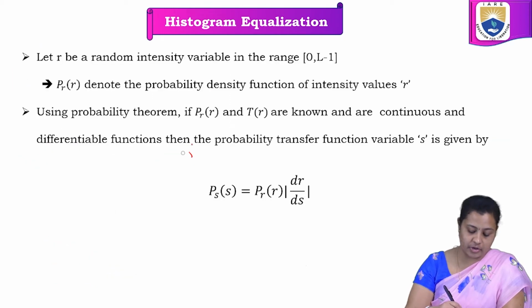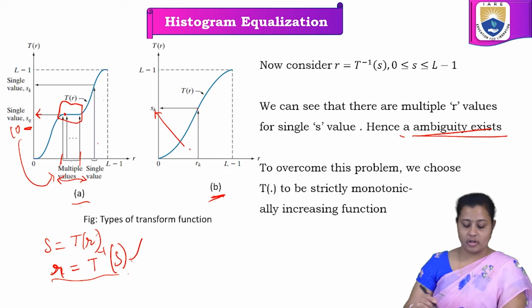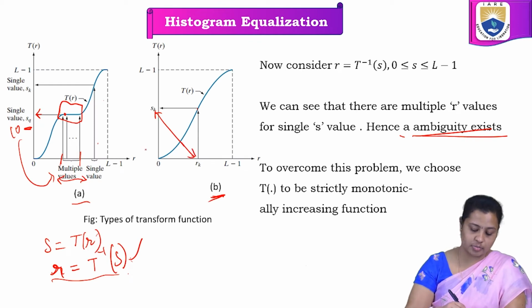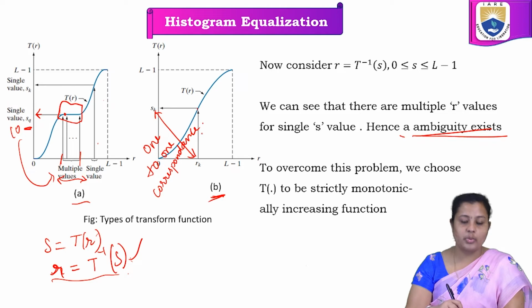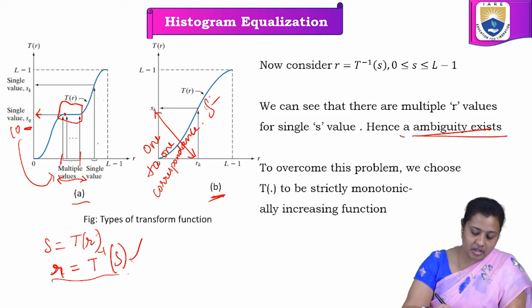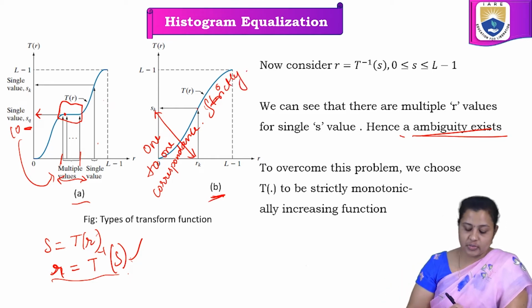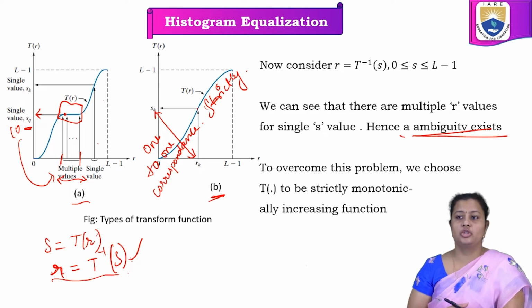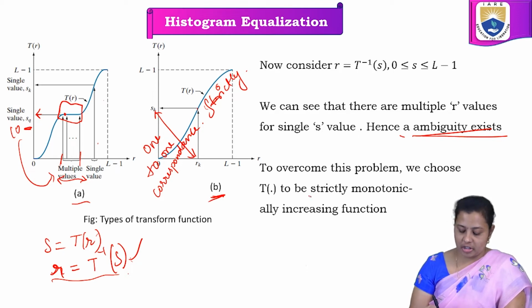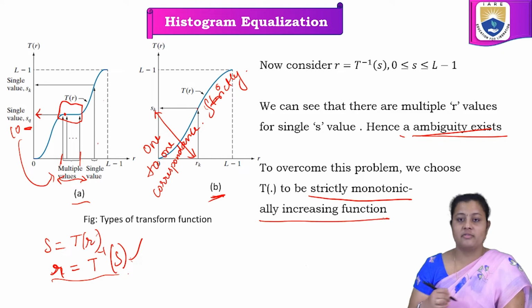Whereas when we go for case B, we have a one-to-one correspondence between R and S. So this is called a strictly monotonically increasing function. That is why, for histogram equalization to happen, we need a strictly monotonically increasing function.